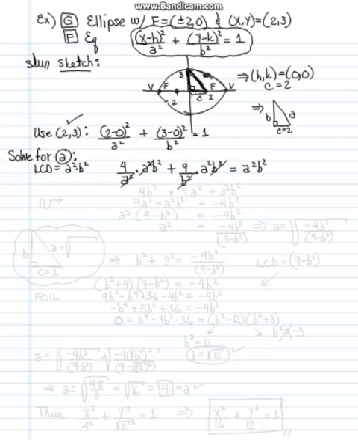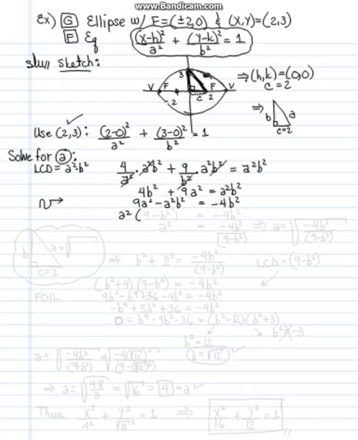So that gives us 4b squared plus 9a squared equals a squared b squared. Now subtract a squared b squared, just to gather all the a terms on the left side. And so we have 9a squared minus a squared b squared equals negative 4b squared when we move it to the other side.